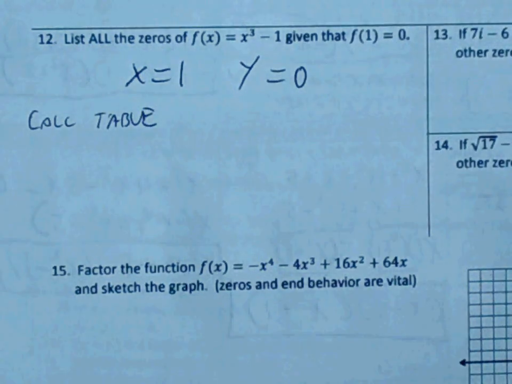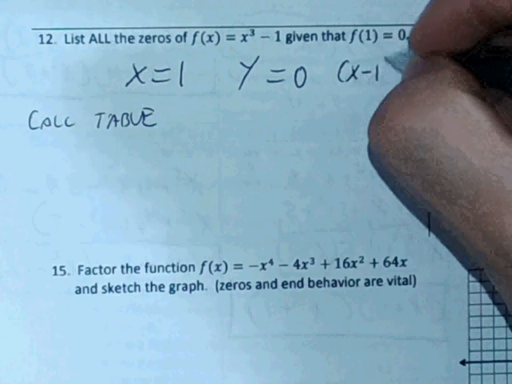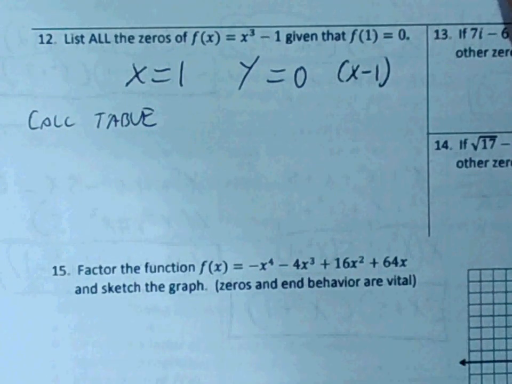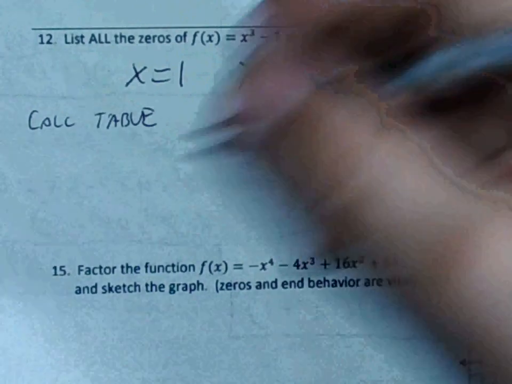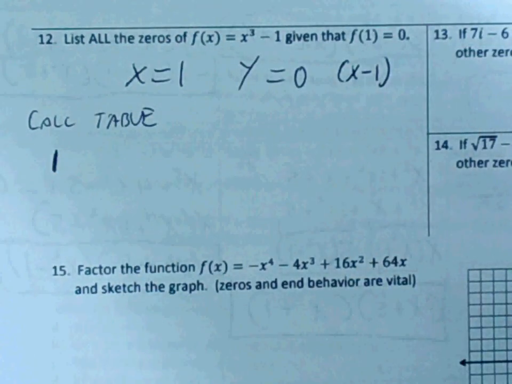So if x equals 1 is a 0, that means that x minus 1 is a factor. So you would have 1 as used in synthetic division.